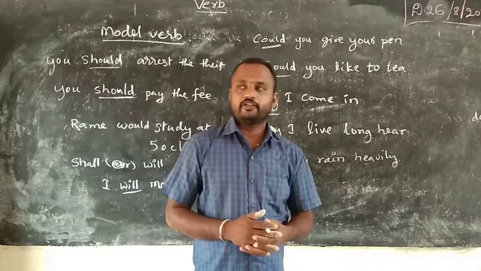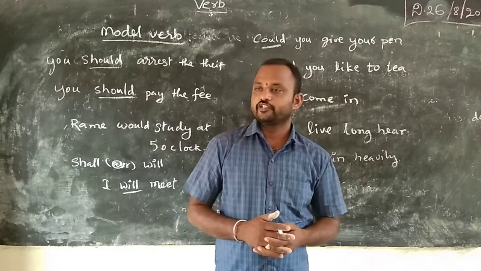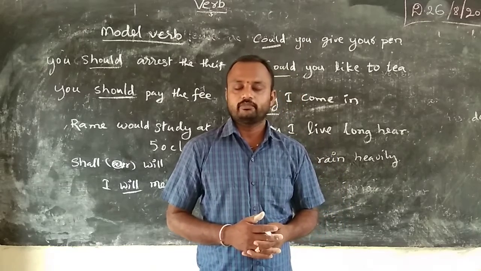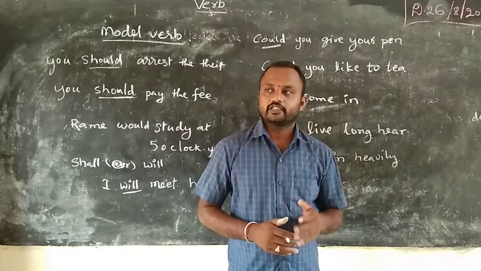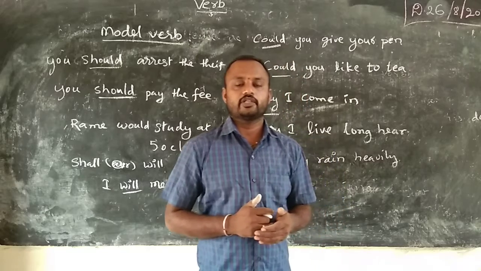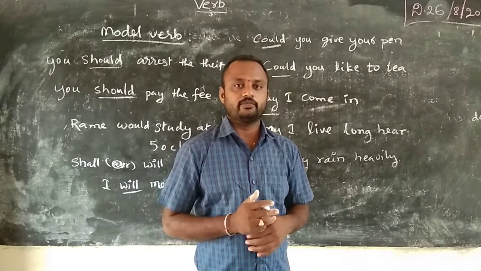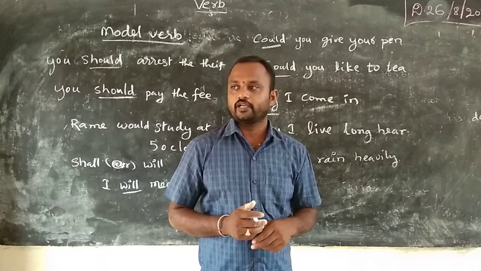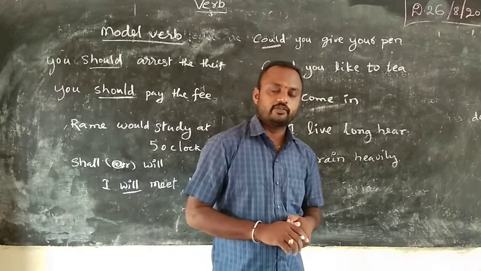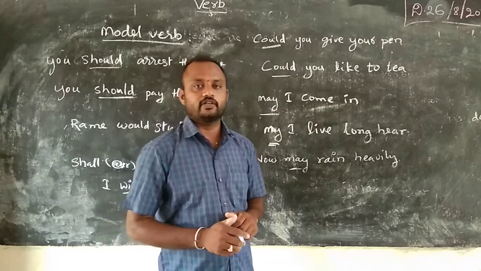So once again, I will briefly explain the verb. A verb is a word that denotes an action or state of being. It is again of two types. First one is principal verb. Second one is auxiliary verbs.